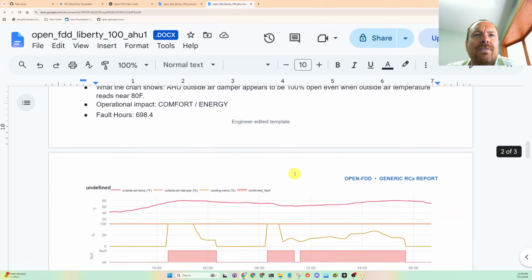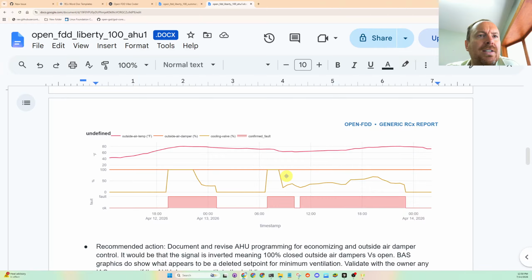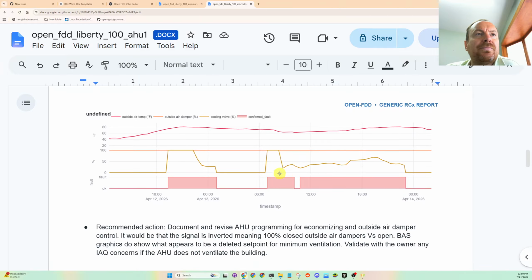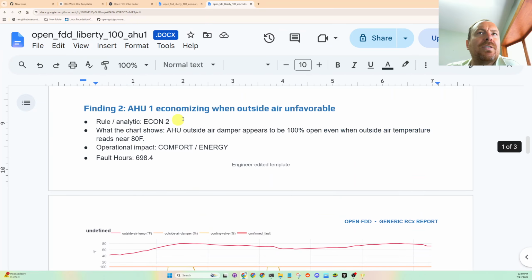Another one we talked about earlier is the outside air temperature, and this chart called Econ2.